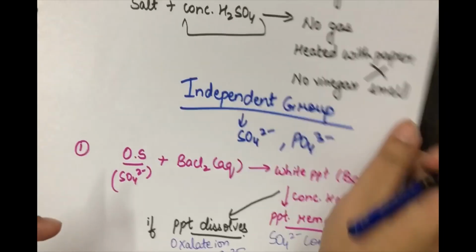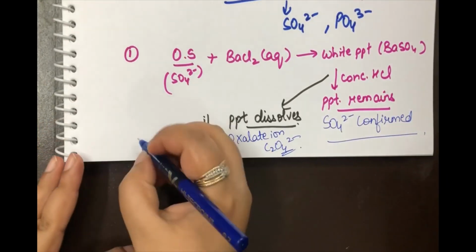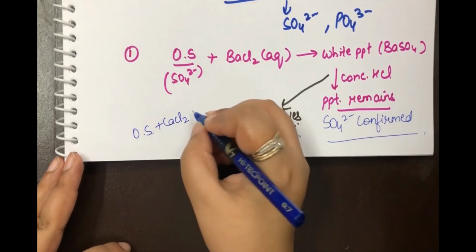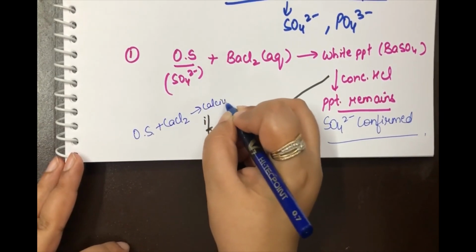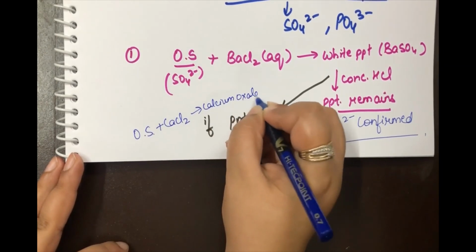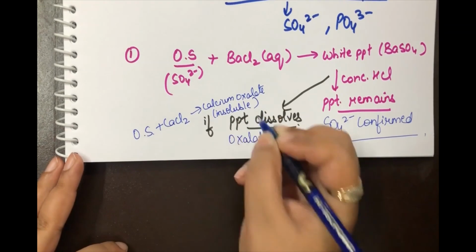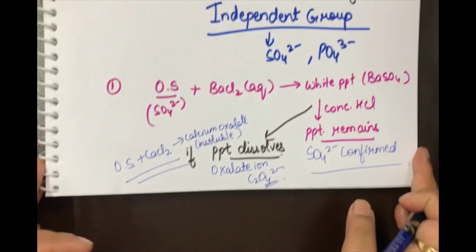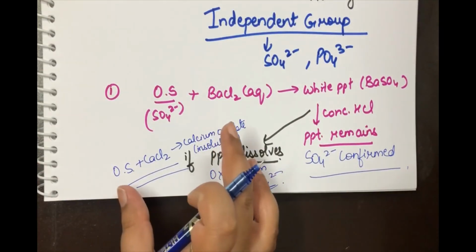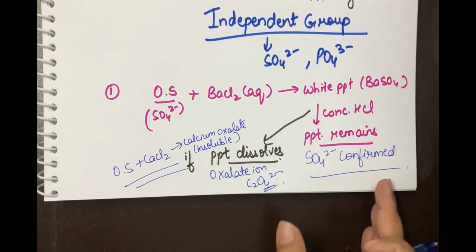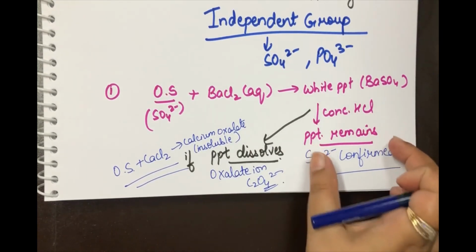So how can you confirm if it is oxalate ion? We just take original solution, we add calcium chloride and calcium oxalate, an insoluble precipitate, is formed which will confirm oxalate.